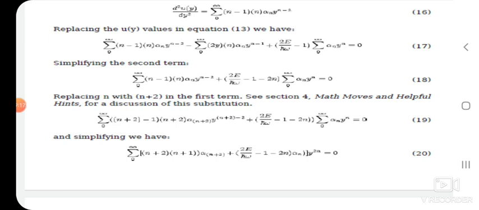Again, if we simplify it, we get summation 0 to infinity n plus 2 n plus 1 a_n plus 2 plus 2e by h cross omega minus 1 minus 2n a_n y raised to n is equal to 0.